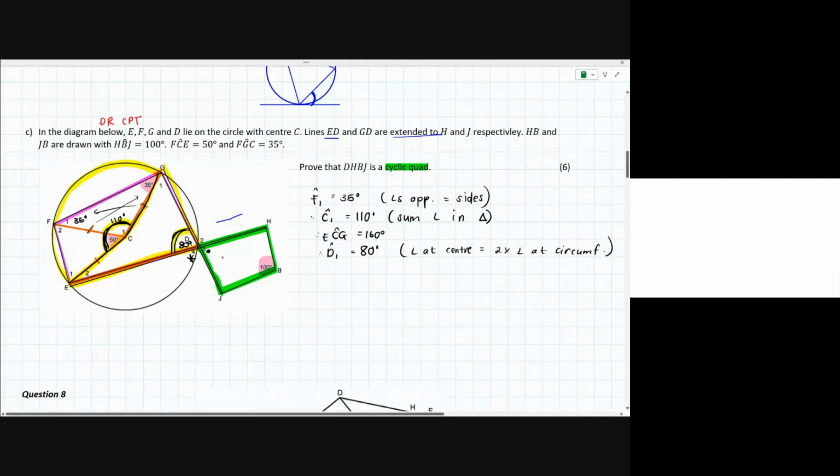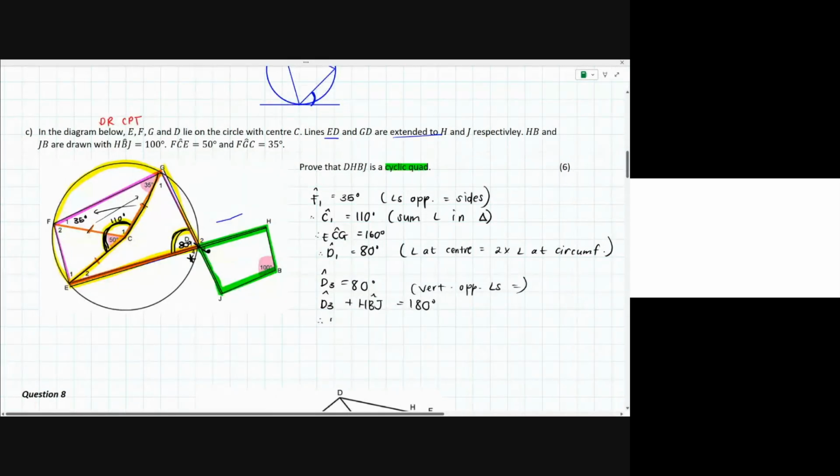Option 1 is you can say D3 is vertically opposite to D1, so D3 is also equal to 80. And then we can say, okay, well, D3 plus HBJ is equal to 180 degrees.